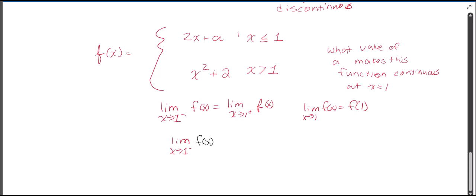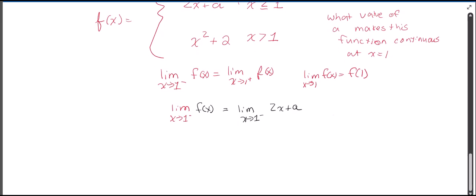So the limit as x approaches 1 from the left of f of x equals the limit as x approaches 1 from the left of 2x plus a. And then what is that limit? Well, I'll plug in 1 for x, and I get 2 plus a.